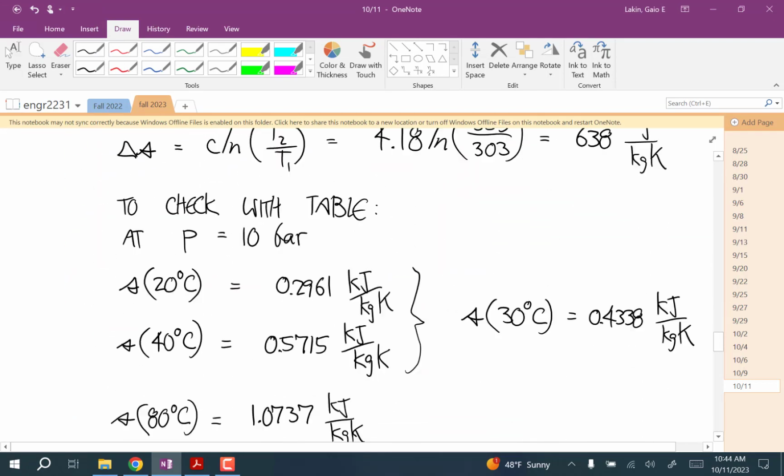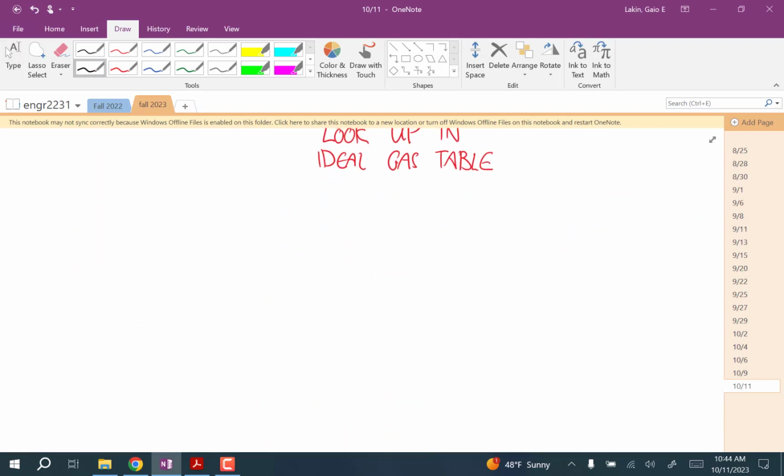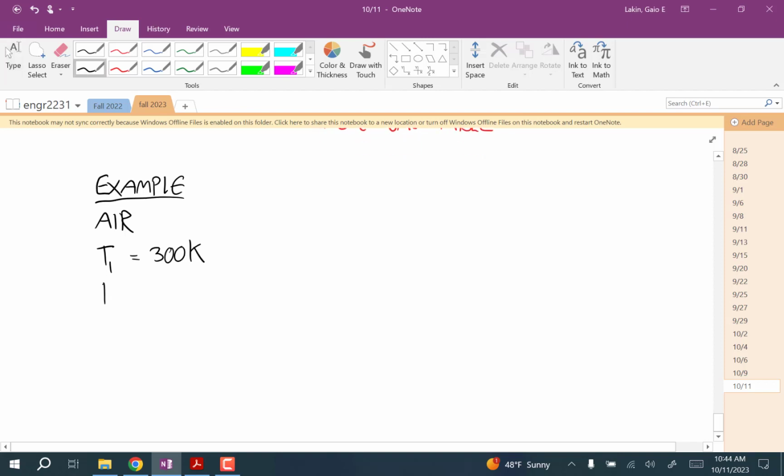All right. So let's do an example for an ideal gas. Let's say that we have air. We're going to treat it like an ideal gas. It's going to start with a temperature of 300 Kelvin and a pressure of 1 bar.